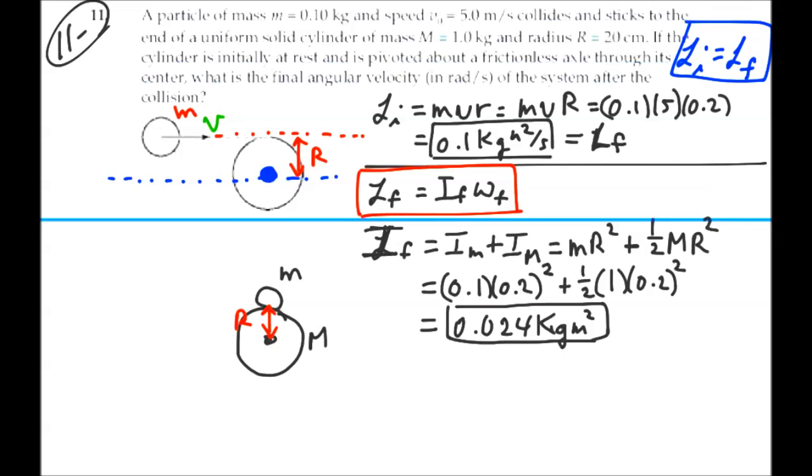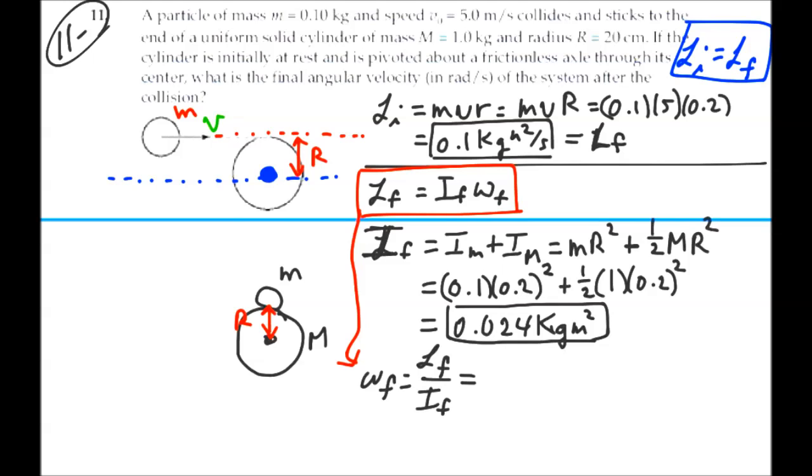So now, using this equation right here, we can say that our final angular velocity is going to equal our final angular momentum divided by our final moment of inertia.